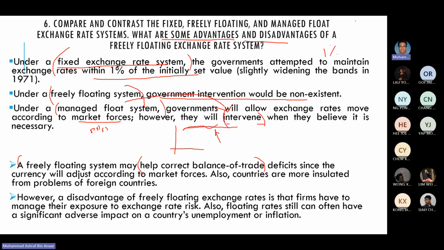For example, in December 2023 they bought materials worth 1 million. Because there's no intervention, under the freely floating system they may have to pay extra because of the exchange rate risk exposure.